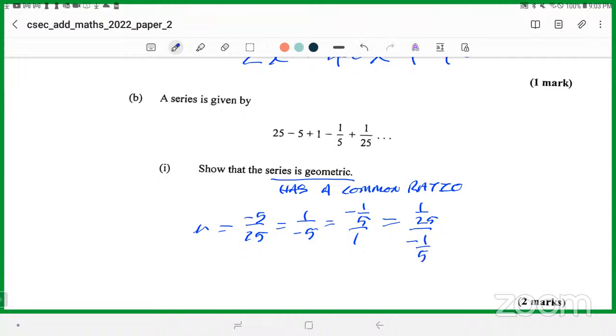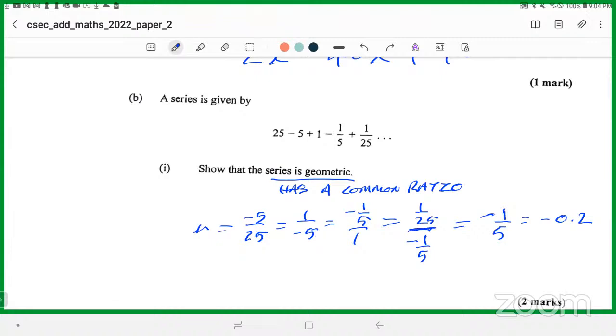All of them equal -1/5, which, if you want to write as a decimal, is -0.2. So all these ratios are the same thing. By virtue of the series having a common ratio, it is geometric. And that's one way to show it.